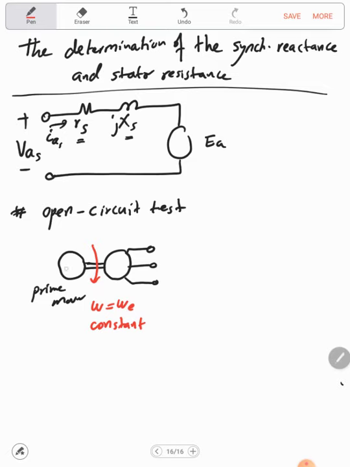So now the prime mover is actually the motor, and the synchronous machine is the generator in this case. And simply here we will measure the VA. So at open circuit test, IA or IS is equal to 0, and VA is equal to EA.